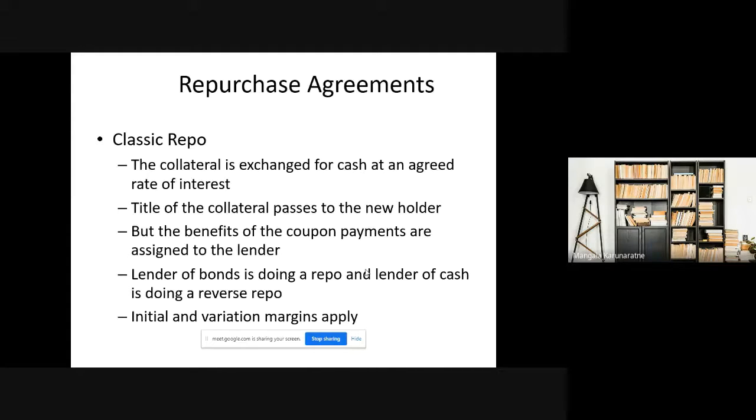That is why, when we want to get into a repurchase agreement, we need to sign a document called a master repurchase agreement, MRA, right? So all the counterparties who are dealing with each other sign a master repurchase agreement to cover this transaction, legally.